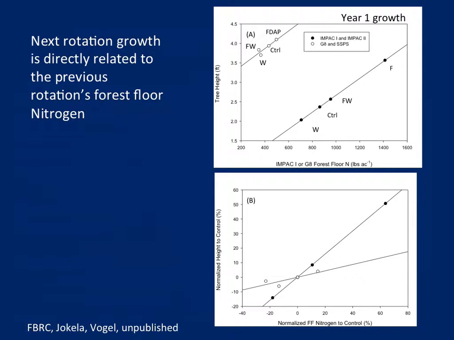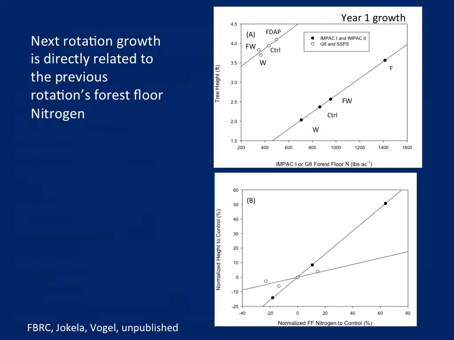So, if you're trying to build a GIS layer with that information, you might have a binary code for weed control, FW, fertilization plus weed control, and fertilization. But what you want to do really is get to some sort of continuous explanation of growth response. And that's what we're showing here, which is the amount of forest floor nitrogen at the end of the rotation.